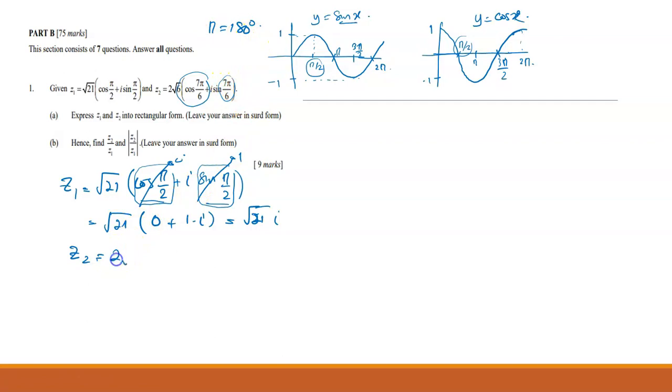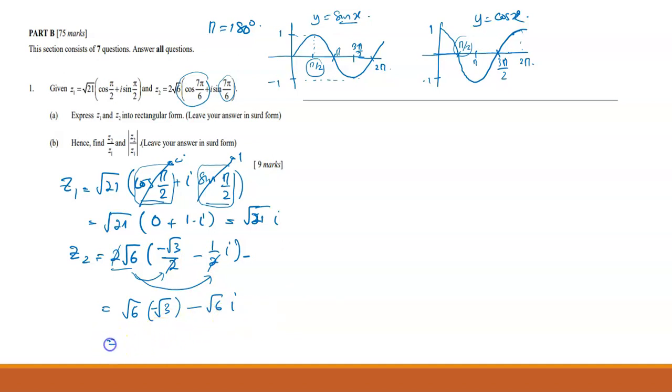And this is going to give you 2 square root of 6 times negative square root of 3 divided by 2 minus 1 over 2 i. So when this is multiplied with every single term, 2 divided by 2 and also divided by 2 here, it's going to give you square root of 6 multiplied with negative square root of 3 and minus square root of 6 with an i.